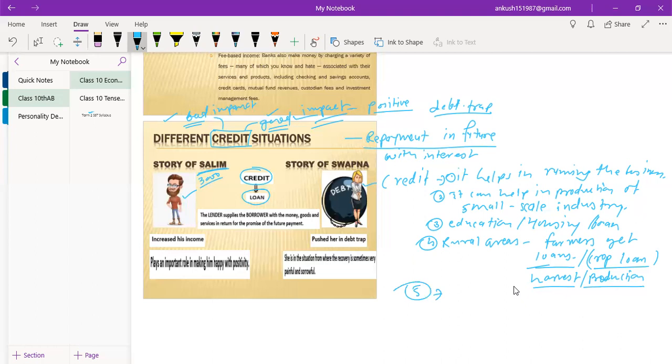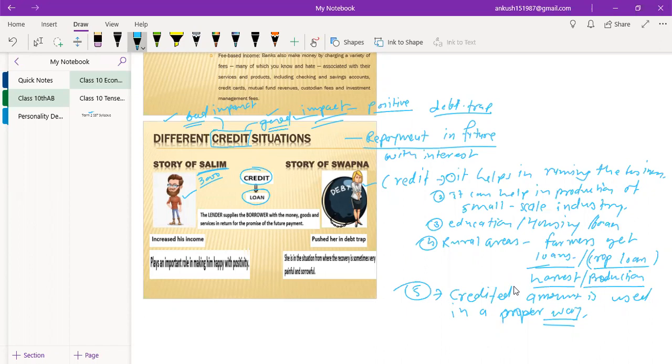Yes, it can be done if the credited amount is used in a proper way. Suppose you are using your credited amount in the wrong way, definitely you would not be able to repay it on time, and the credited amount and the interest may be doubled if you are using it in the wrong way.